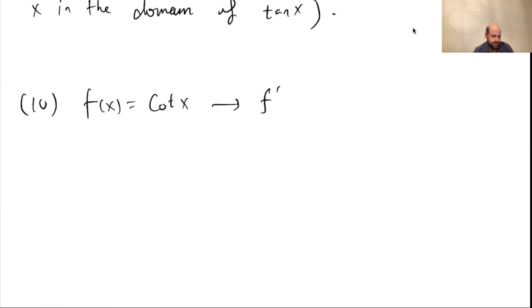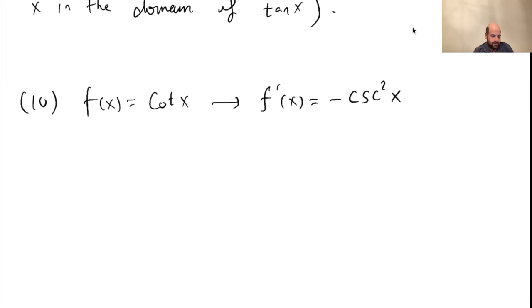Then we can say that f prime of x is equal to minus cosecant squared x, which can be written as minus 1 plus cot squared x, or it can also be written as minus 1 over sine squared x. So the derivative of cot x is minus cosecant squared x, which is the same as minus 1 over sine squared x.